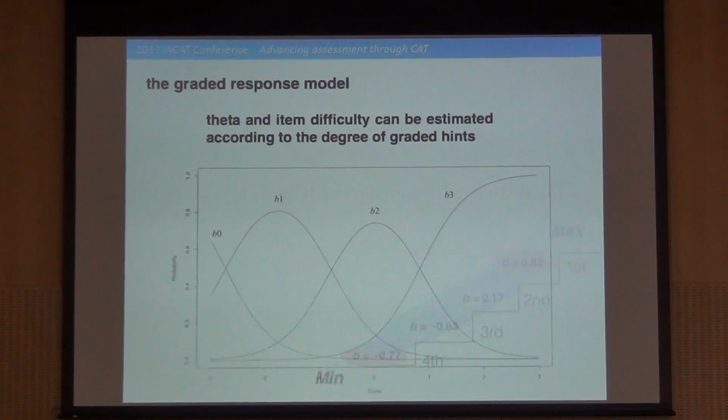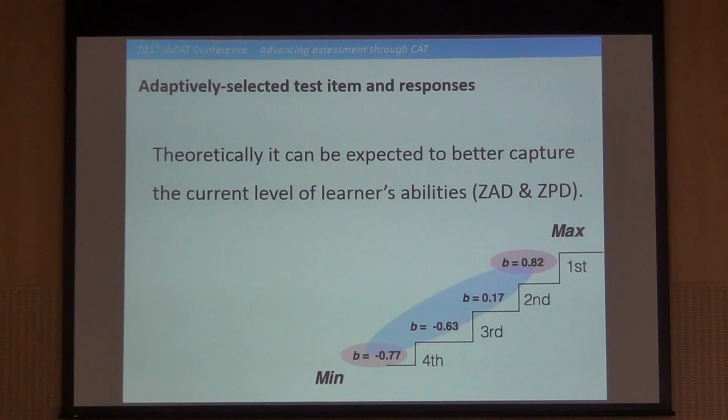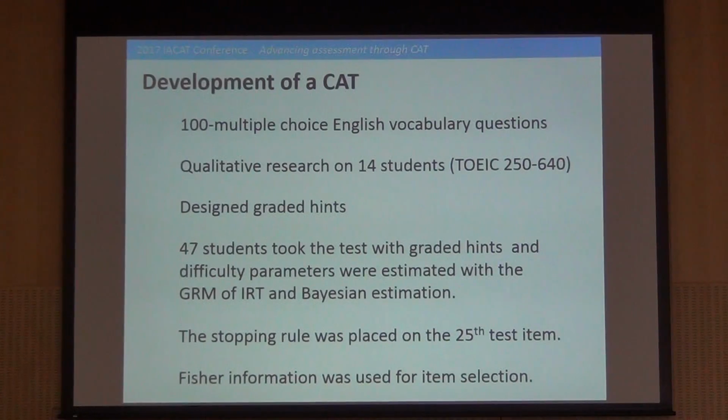Okay? So theoretically, it can be expected to better capture the current level of the learner's ability, because we can figure out the person ability and item difficulty separately according to the number of graded hints. So we developed an IACAT.